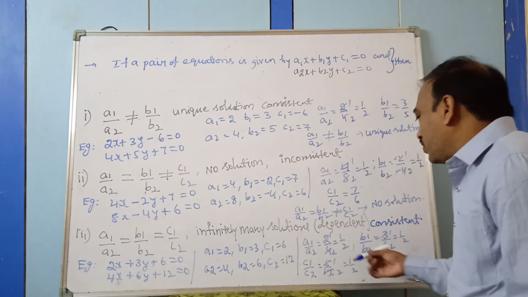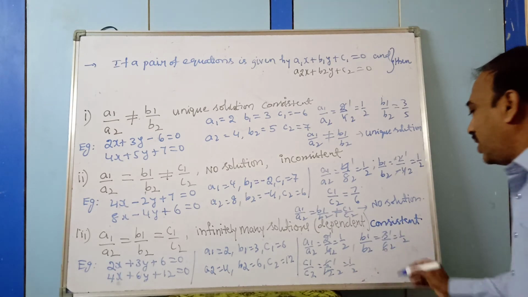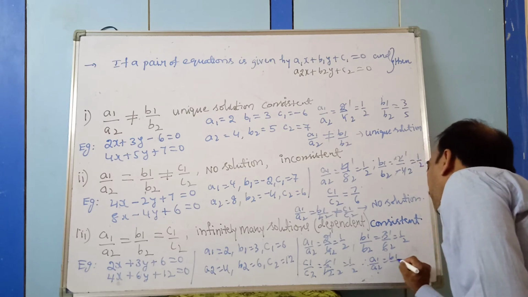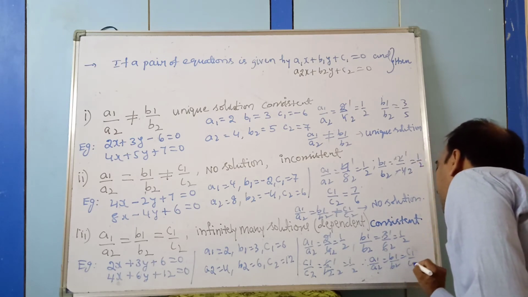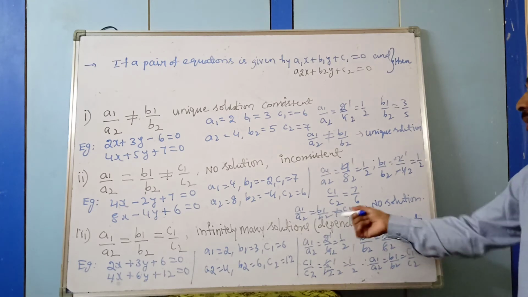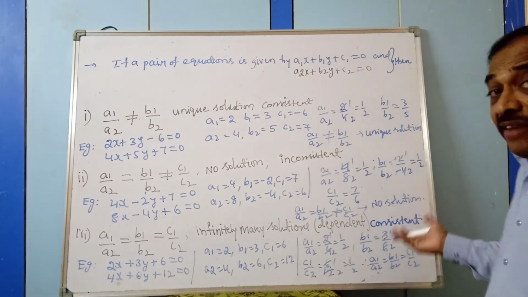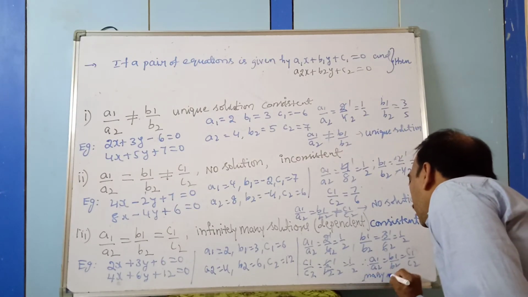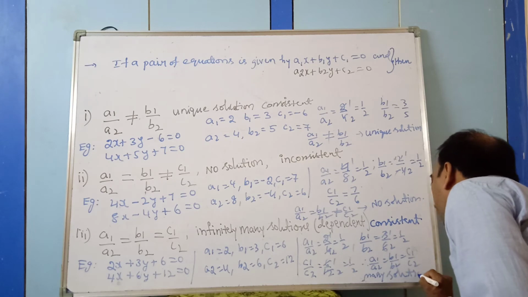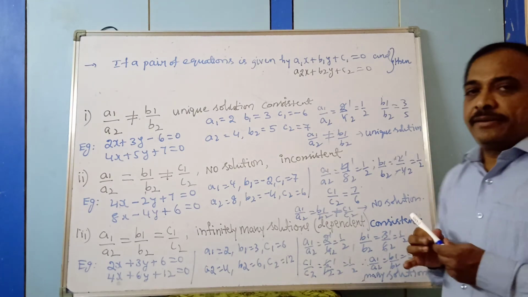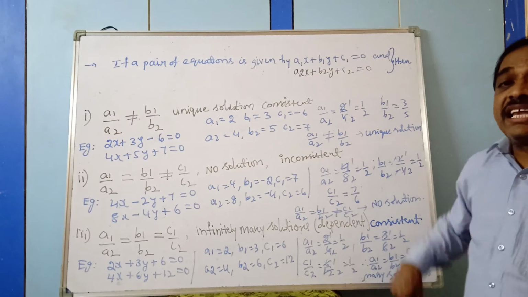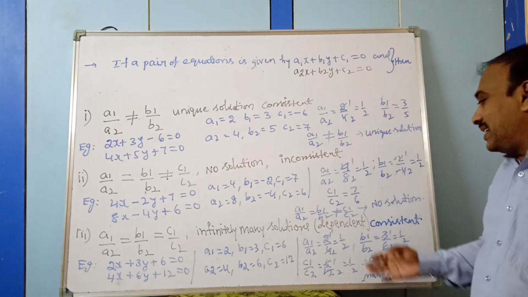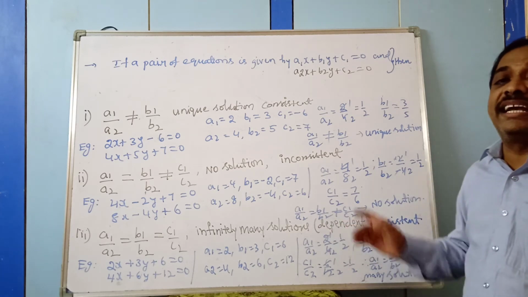So all the ratios are equal: A1 by A2 is equal to B1 by B2 is equal to C1 by C2. Now what can you say? Infinitely many solutions. Graphically, these are intersecting lines, these are parallel lines and these are coincident lines.